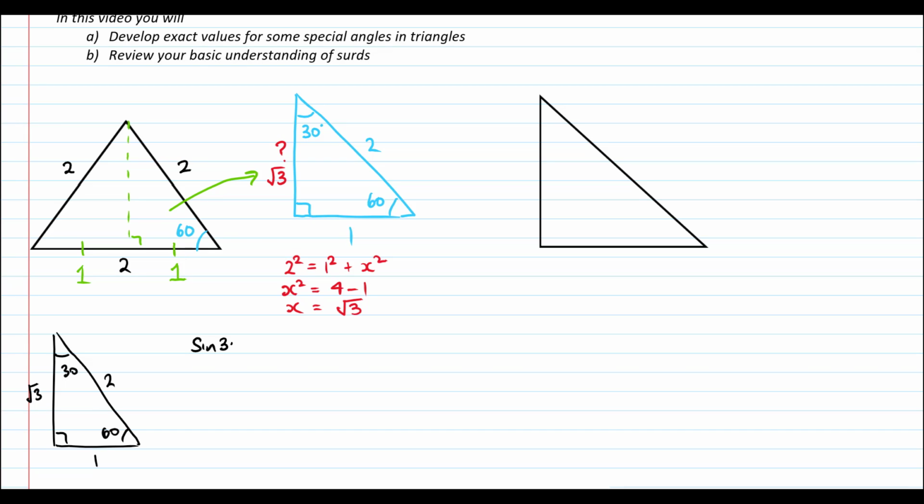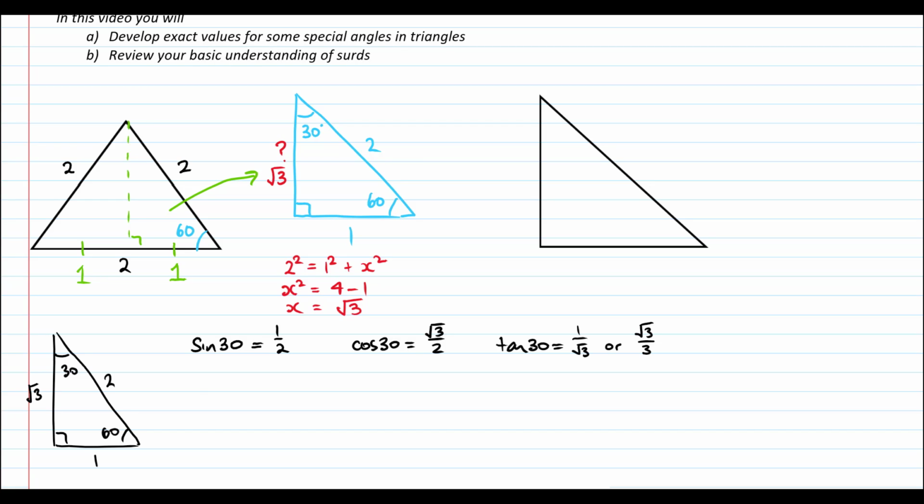Sine of 30 is equal to opposite over hypotenuse, which is 1 over 2. Cos of 30 is equal to adjacent over hypotenuse, which is root 3 over 2, and of course tan of 30 is equal to opposite over adjacent, which is 1 over root 3. Or, because we need to rationalise the denominator in some surd cases, root 3 over 3. Either of those is fine.